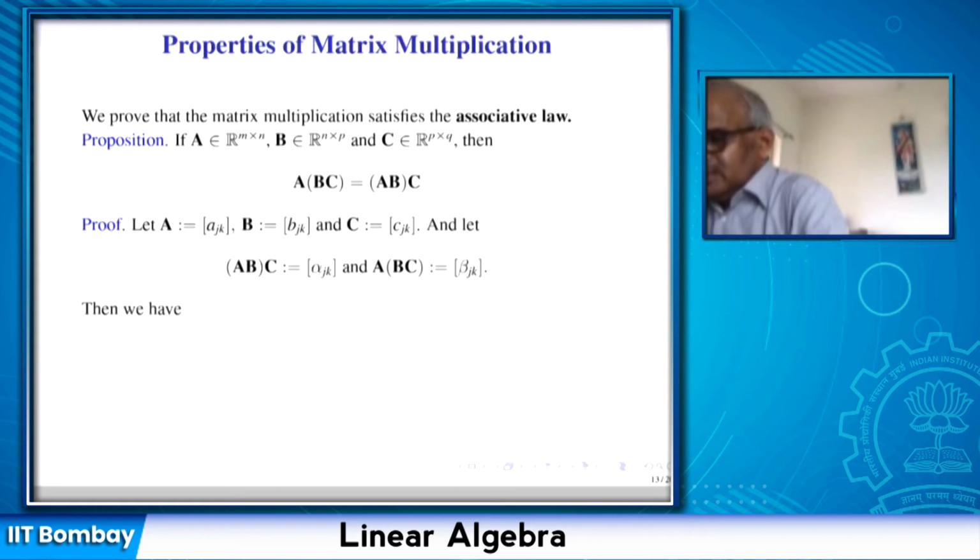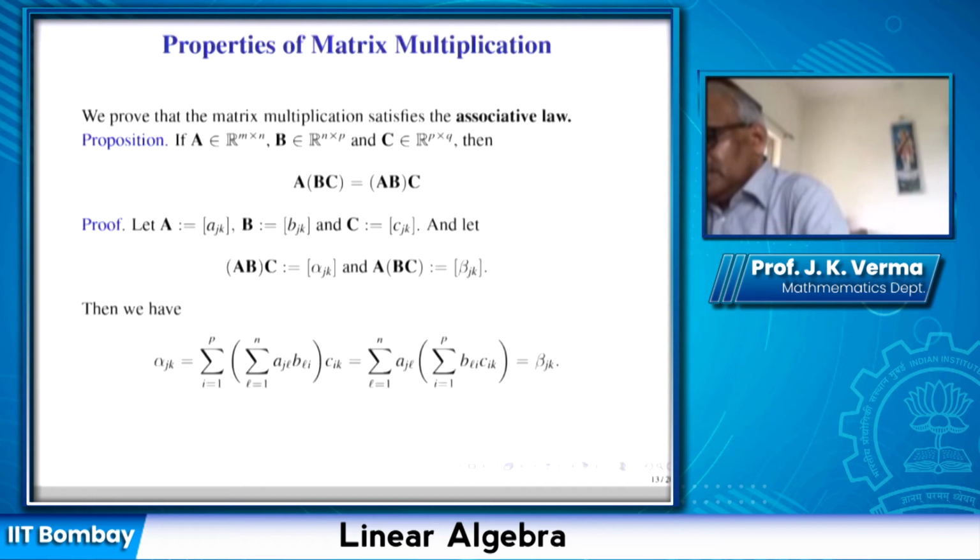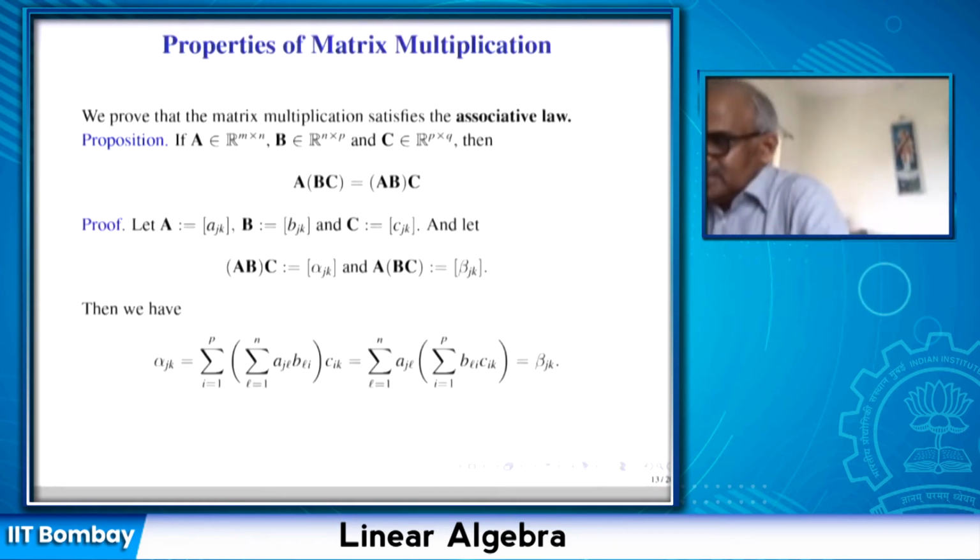This comes simply by putting in the definition of the matrix product. Okay, and so you can write down the definition, and you will see that both these matrices are equal. So to prove an equation of matrices, I have to prove that the jk entry of the matrix on the left is the same as the jk entry of the matrix on the right.